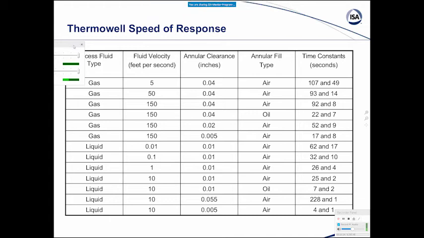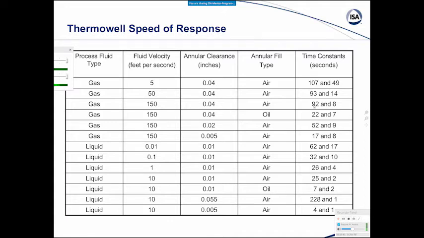And that's what we're doing here. We're looking at the response in the thermal well for different types of process fluids. And first of all, we look at gas, and we have higher velocities typically for gas, and we're looking at annular clearance in terms of inches in this case, and the type of fill. Normally it is air, and we can see that we get into some very high time constants if we consider the thermal well itself.